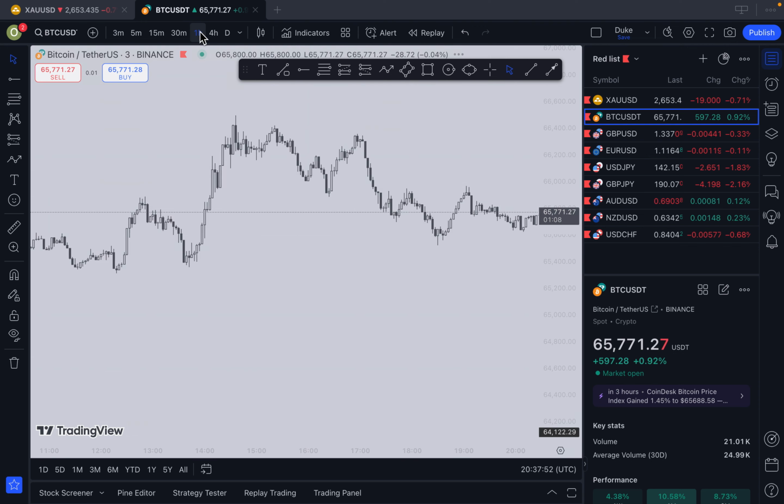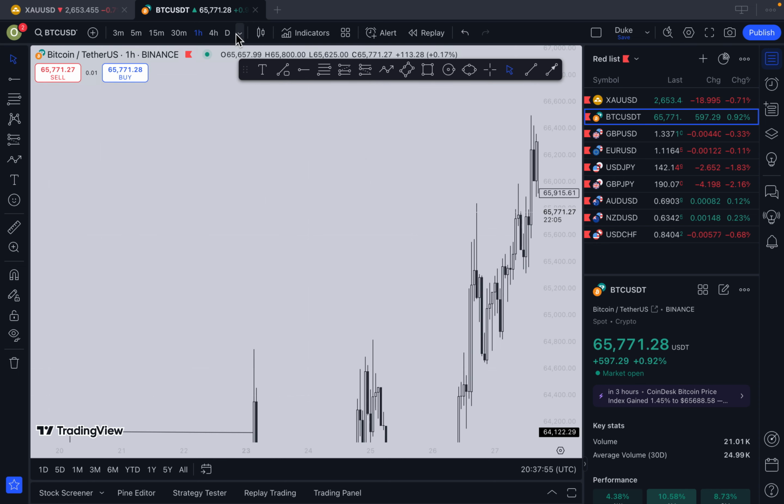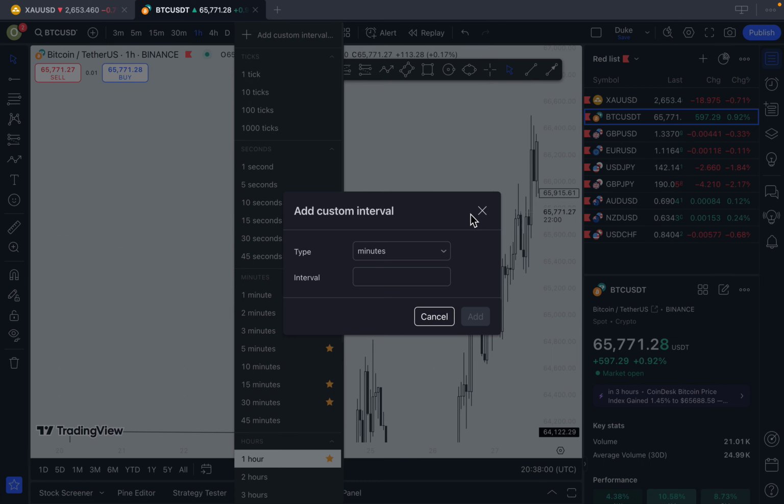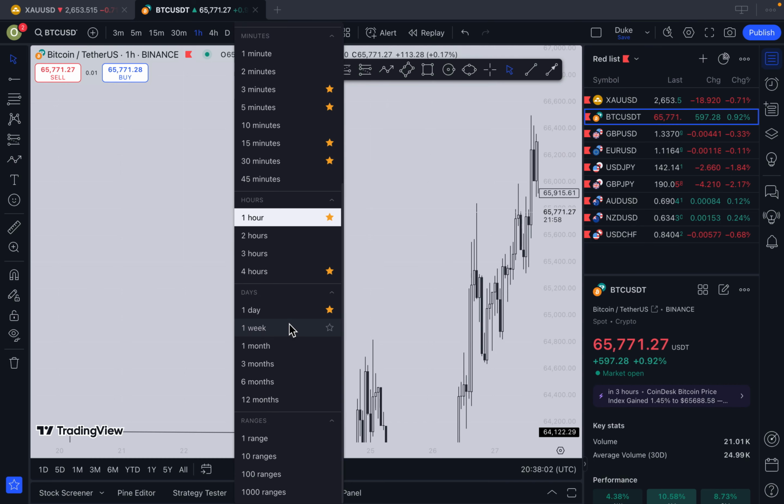First, there is what we call time frames here. This is our time frame. This is where you can come if you want to trade in 3 hours, 4 hours, or check your analysis.